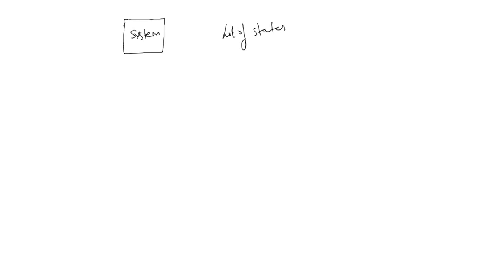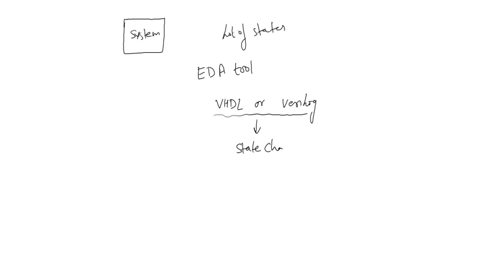So to analyze the behavior of the circuit, there are different EDA tools. What these EDA tools do is you write the program either in VHDL or Verilog, and using that VHDL or Verilog code, it draws the state chart.